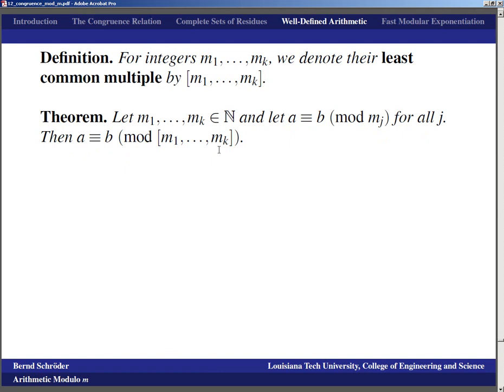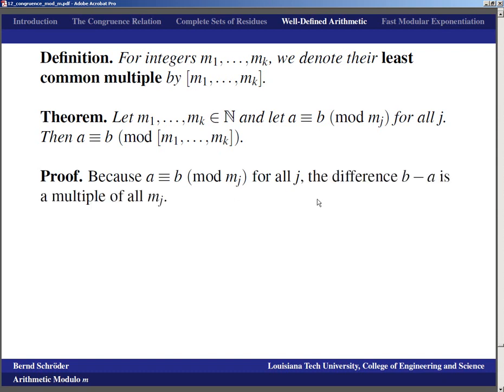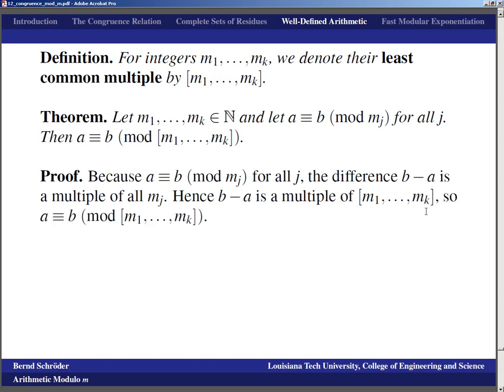That is something that we will actually need for the Chinese remainder theorem, which we'll talk about in the next presentation. So as a proof, well, because a is equivalent to b modulo mj for all j, the difference b minus a must be a multiple of all of those mj, and that means it must be a multiple of their lowest common multiple, and that means a is equivalent to b modulo the lowest common multiple of m1 through mk.